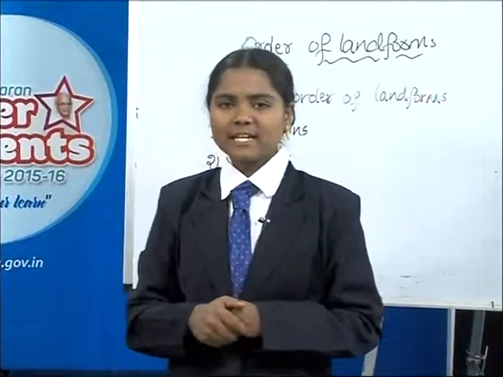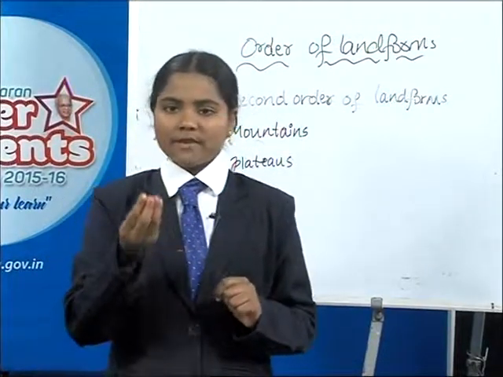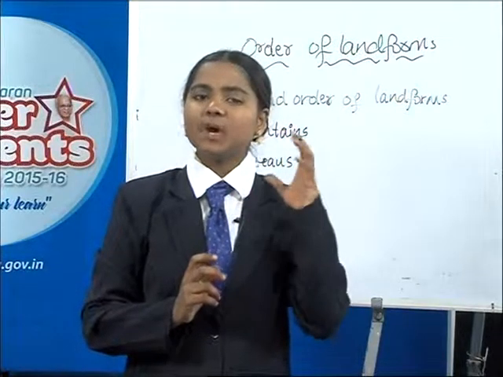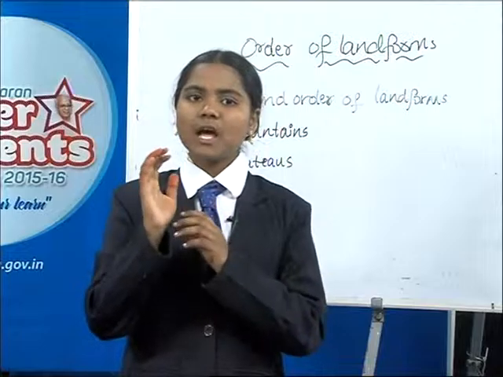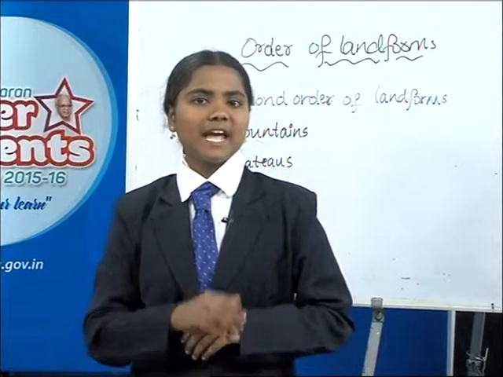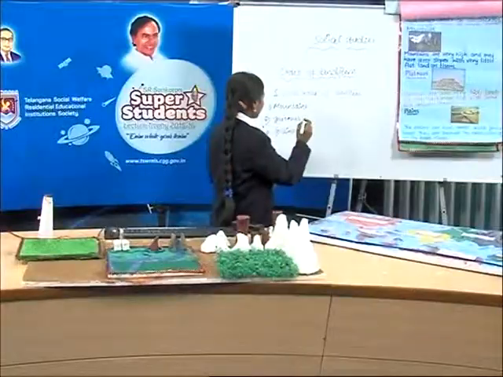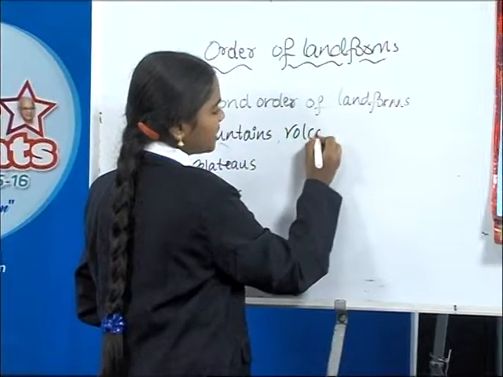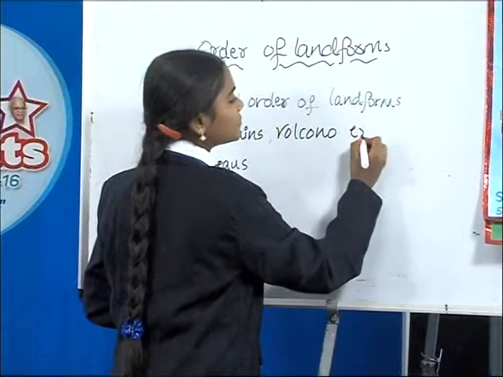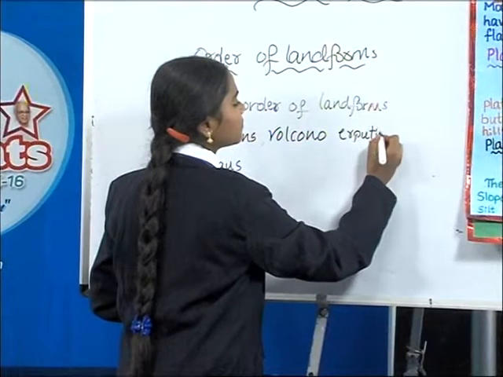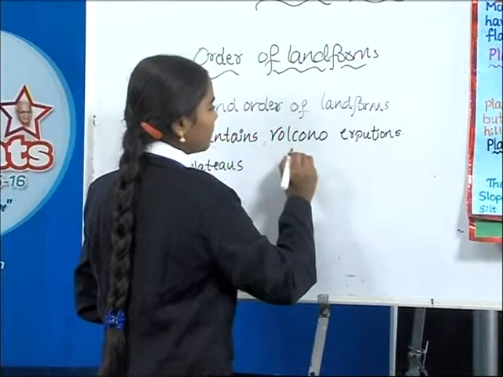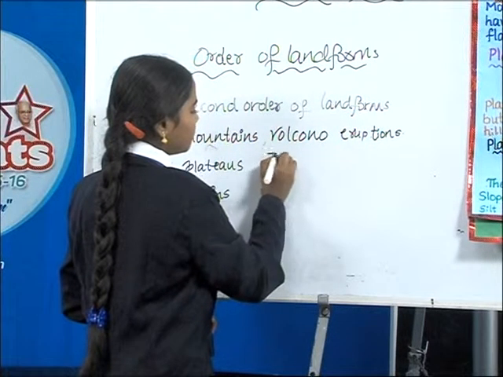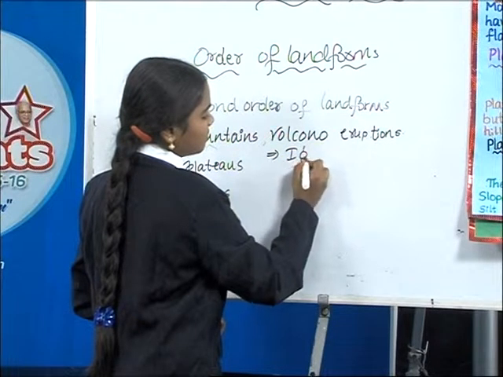Okay friends, when the lava is erupted on the surface of our earth, it cools down and forms hard rocks. The formation of the lava into hard rocks is called igneous rocks.